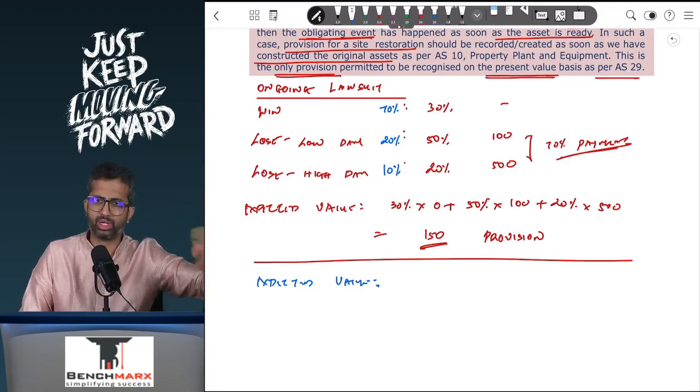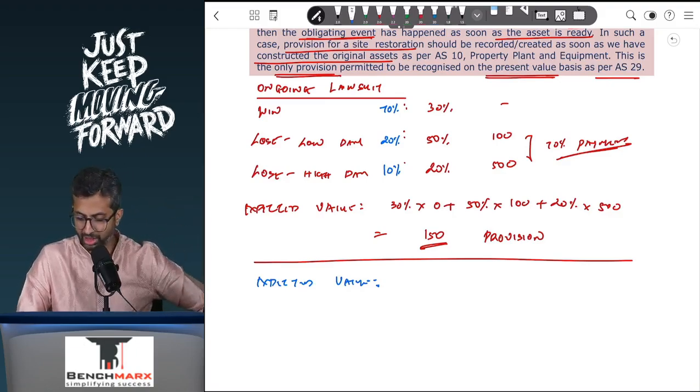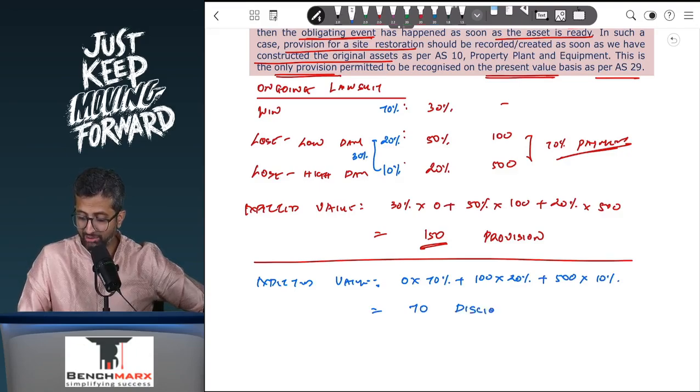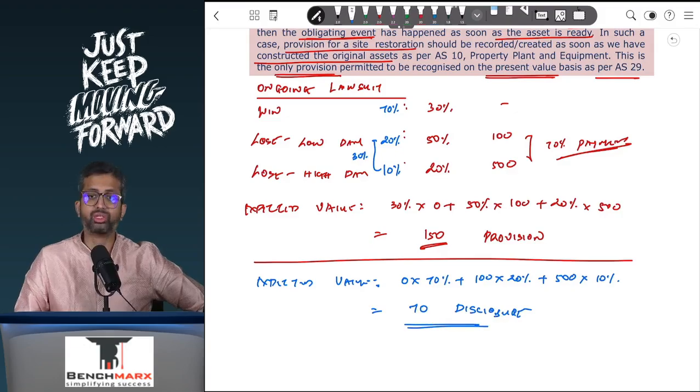It's not probable, not more than 50% chance. Over here, there seems to be a 30% chance that the payment will have to be made. So over here, this is 0 into 70% plus 100 into 20% plus 500 into 10%. So this will come to what? 20 and 50, that is around 70. But this 70, I will just give a disclosure in the notes. This is using the expected value method.